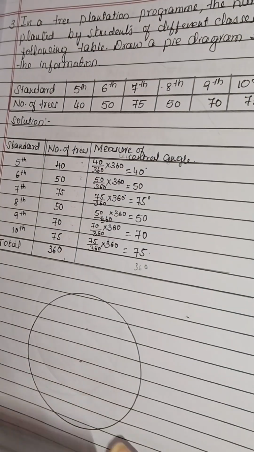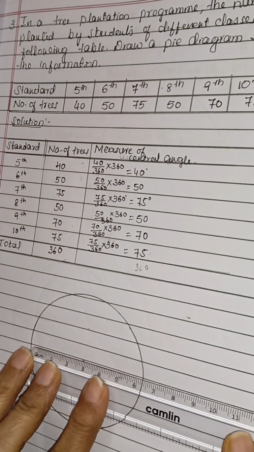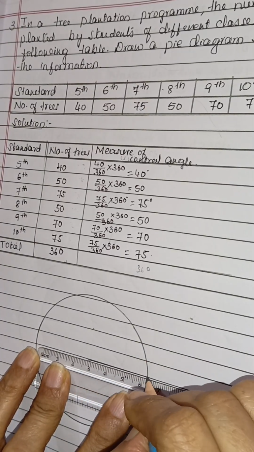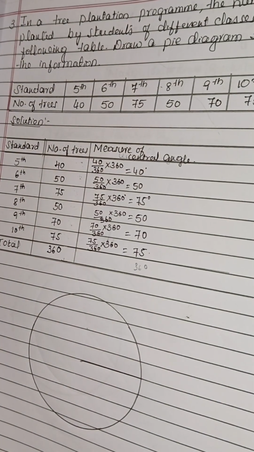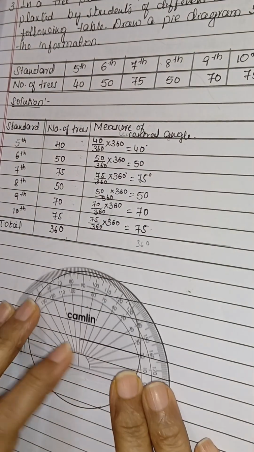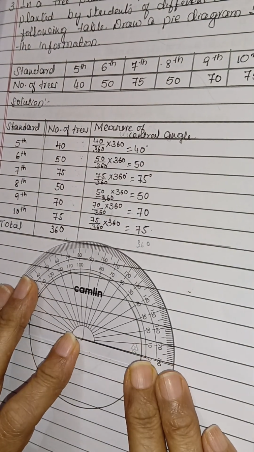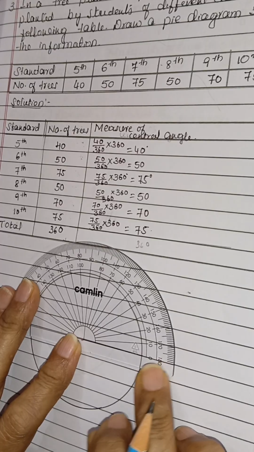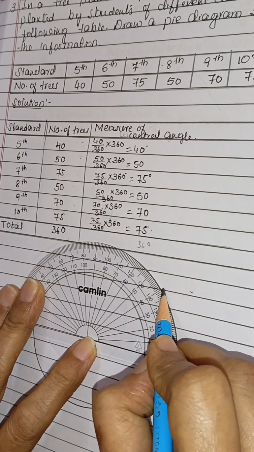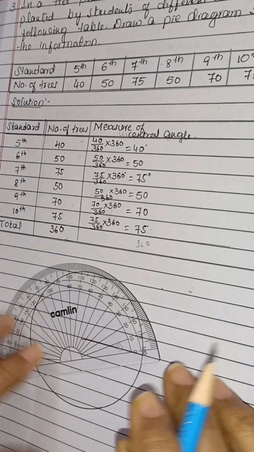So here we have to take one line first. Okay, let this be. Then keep your protractor. Where's the protractor? Keep your protractor on the center, and this line should coincide with the line of the circle. Now 40 degrees. This is 40.